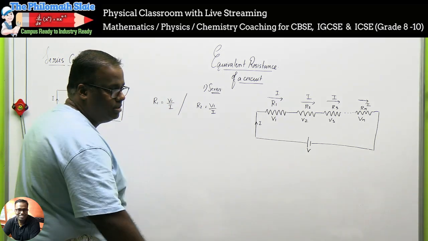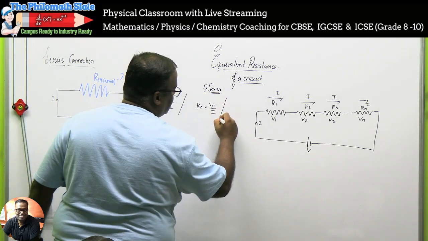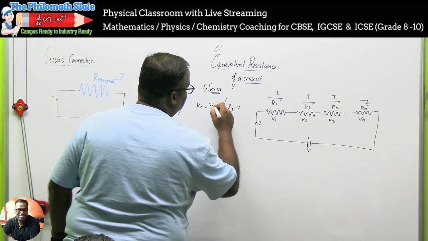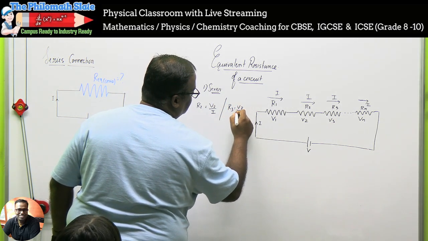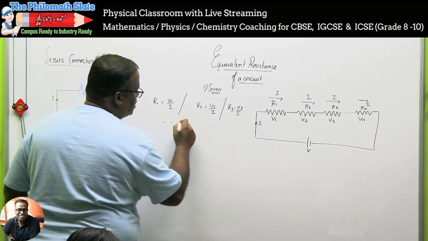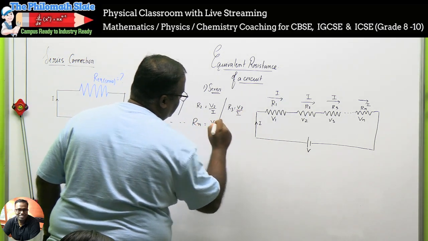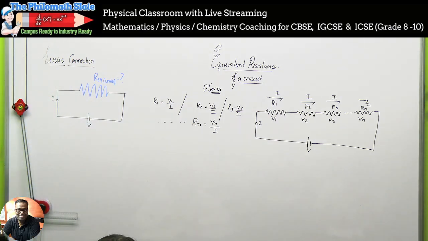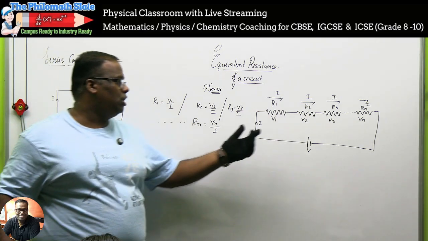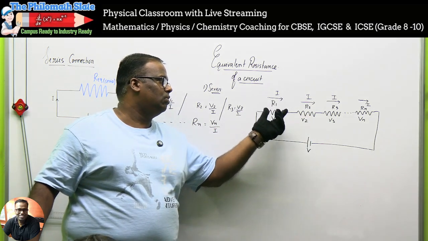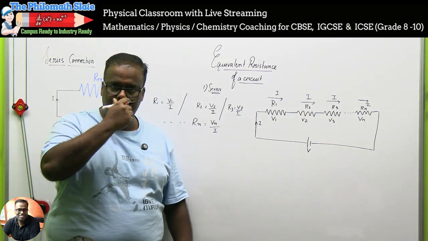Can I write R3 is equal to V3 by I? In similar fashion, I can write my nth resistance as Vn by I. We are applying Ohm's law. What is the potential drop across each resistor? V1. So V1 by I is equal to R1. This we can do. Clear?